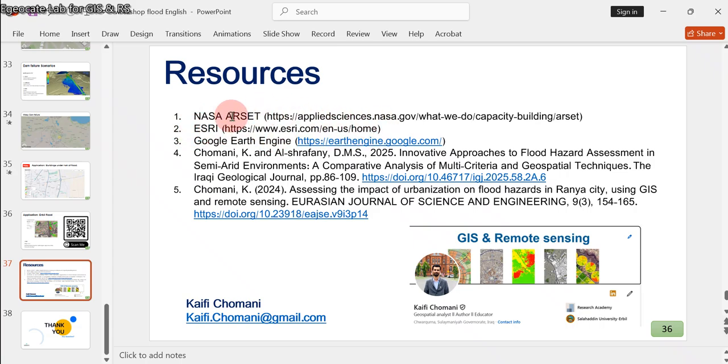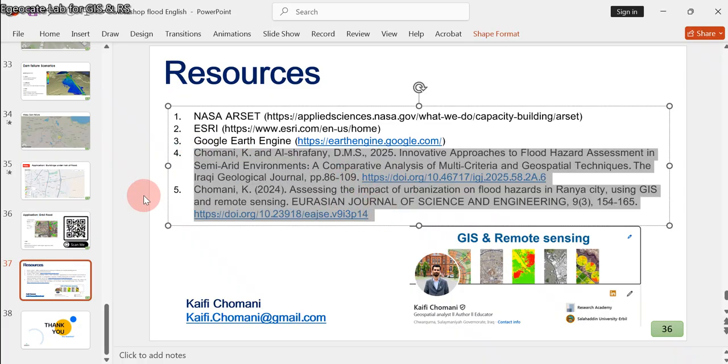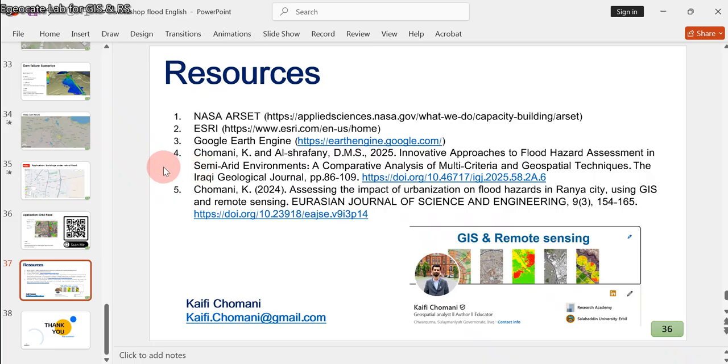This is a website which you can rely on because it has powerful tools for flood mapping. And also I suggest using Google Earth Engine, which is a powerful platform to do research and analyze satellite imagery.